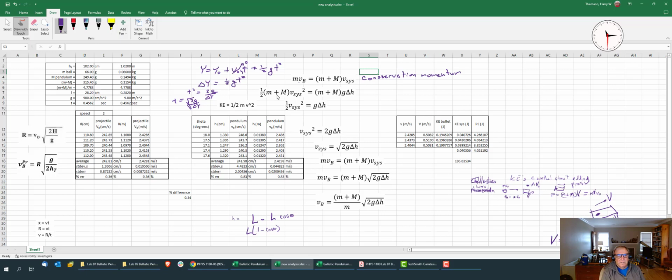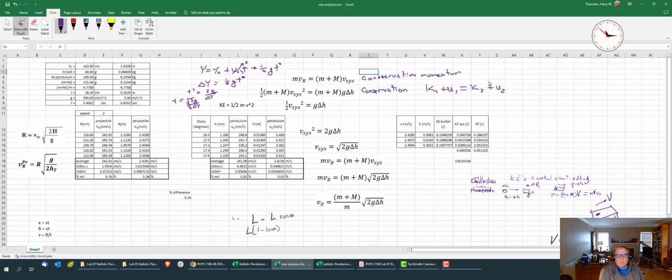And the next equation is from conservation of energy, but not mechanical or kinetic energy. The kinetic energy is not conserved, but the total energy is. So that was the one where it's K1 plus U1 equals K2 plus U2.